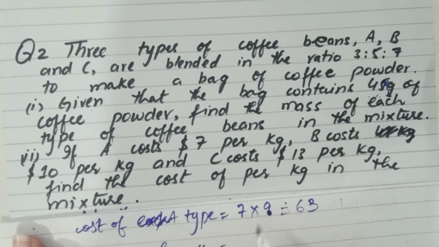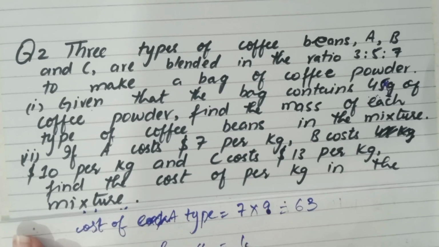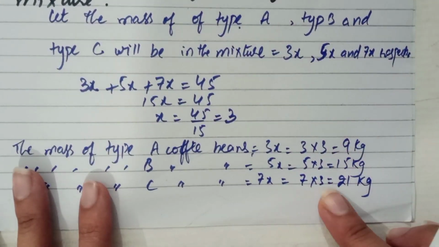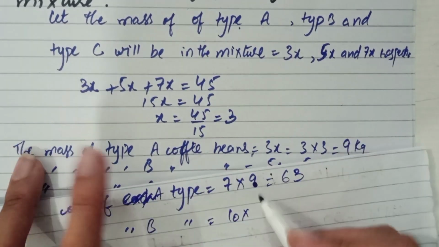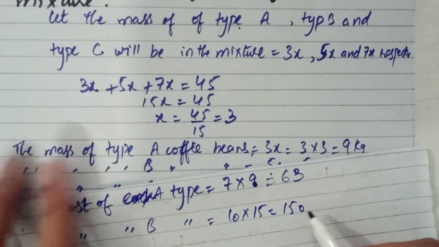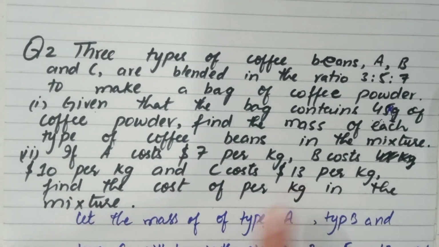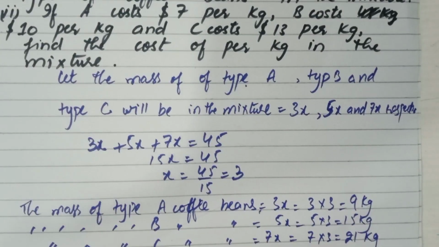Cost of B type, which is 10 multiplied by 15, and this is equal to 150. Cost of C type, and C type is 13 per kg and this is 21.